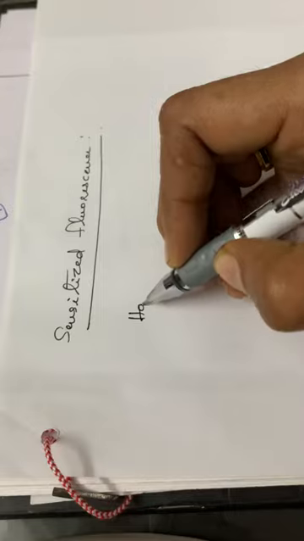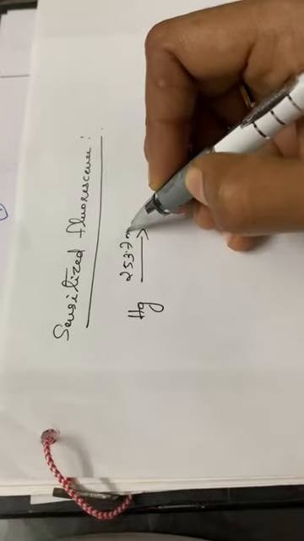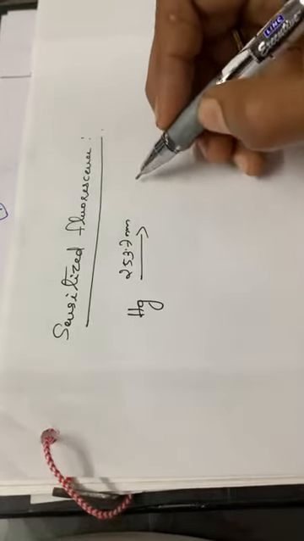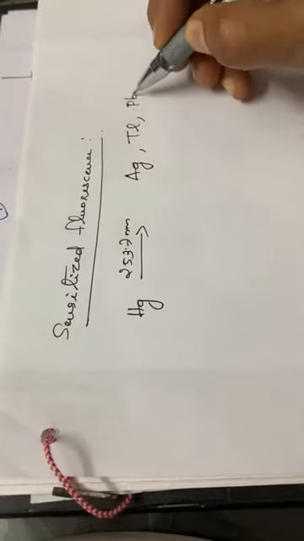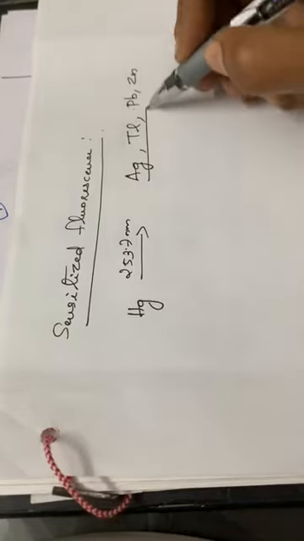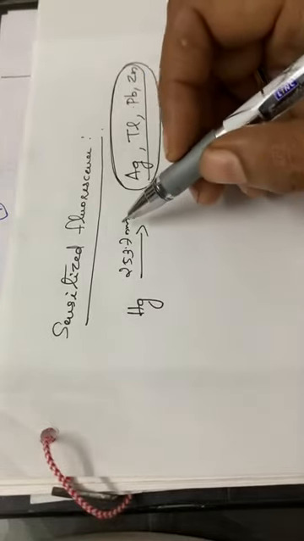See here, when mercury vapor is irradiated with light of wavelength 253.7 nanometer, and along with that some trace amount of silver or thallium or lead or zinc is mixed with the mercury vapors, these elements will not absorb this light radiation.